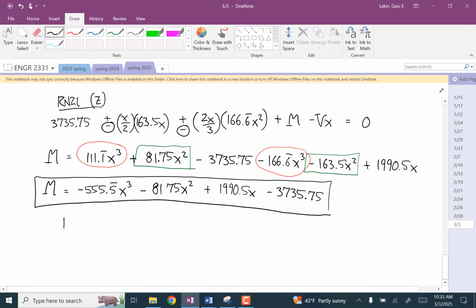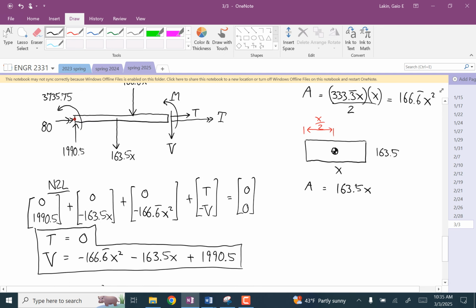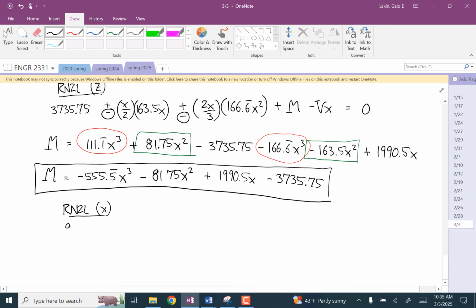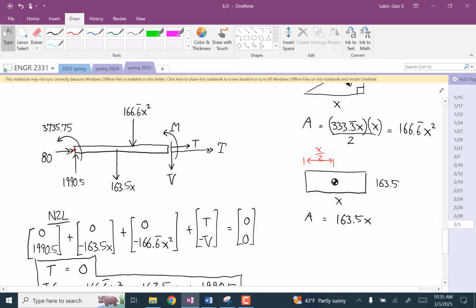And then the easy moment equation, Rn2L in the x direction. All we have here are a positive 80 and a positive fancy t. And so that tells us that the internal torque the whole way is just negative 80. The torque arrow on the force is going to the left, so right?